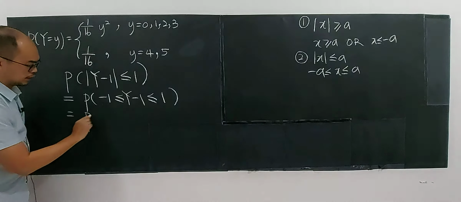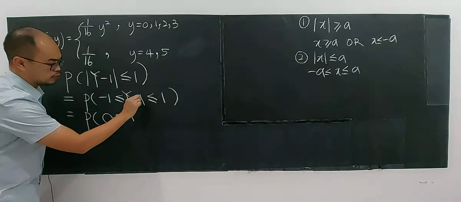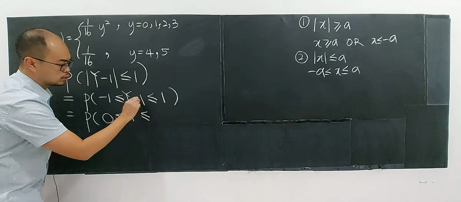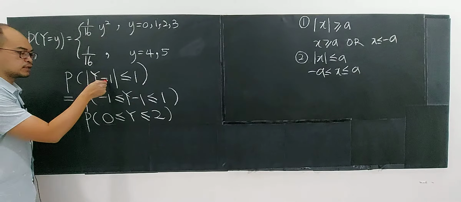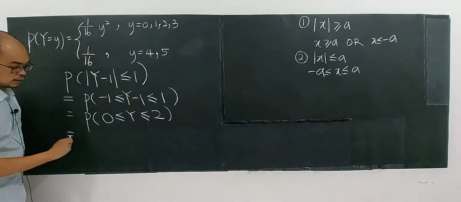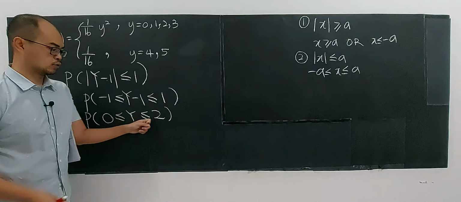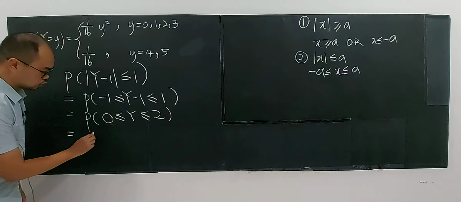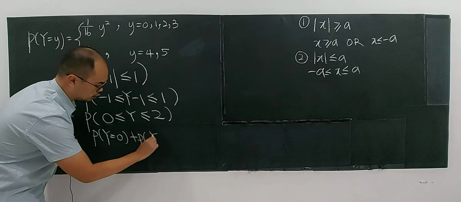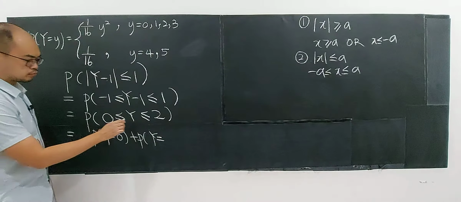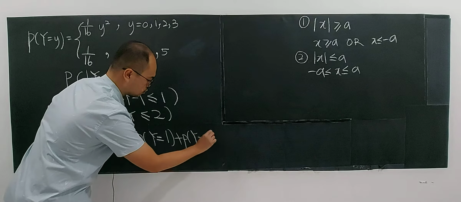Negative 1 plus 1 gives 0, and 1 plus 1 gives 2. So from this you can get y between 0 and 2, including 0 and 2. So it means the probability of y is 0, plus the probability of y is 1, and the probability of y is 2.